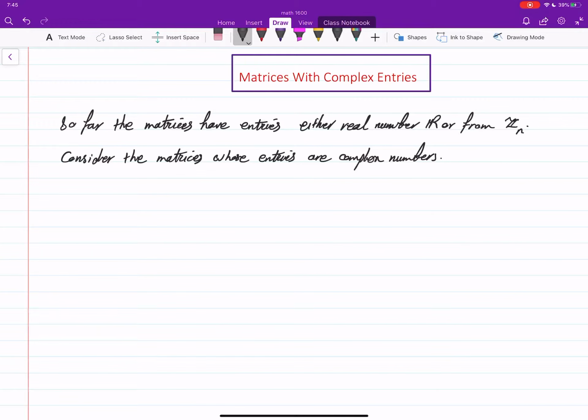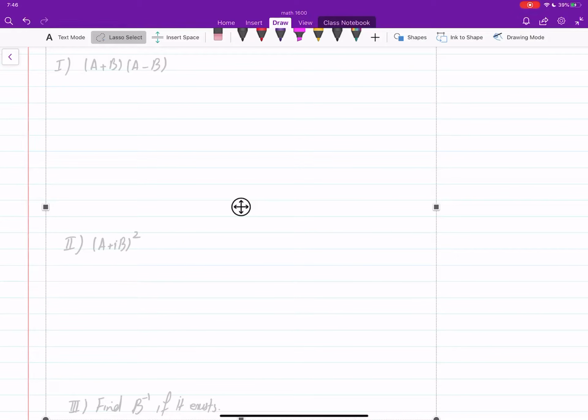For example, adding two matrices, you add the corresponding entries. Multiplying, you do the matrix product, but entries are complex. While you're multiplying the entries, you have to do complex multiplication. I have prepared some examples just to show you that there's nothing new but doing operations on the entries as we had before.